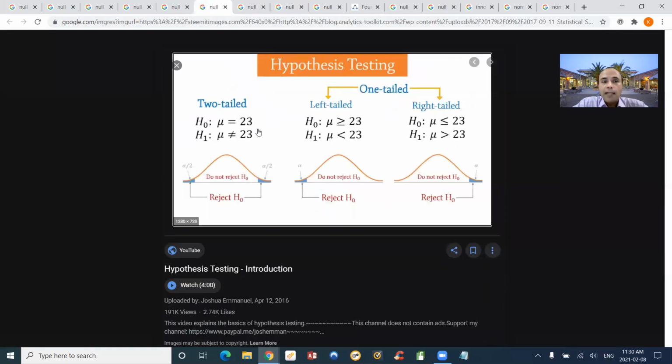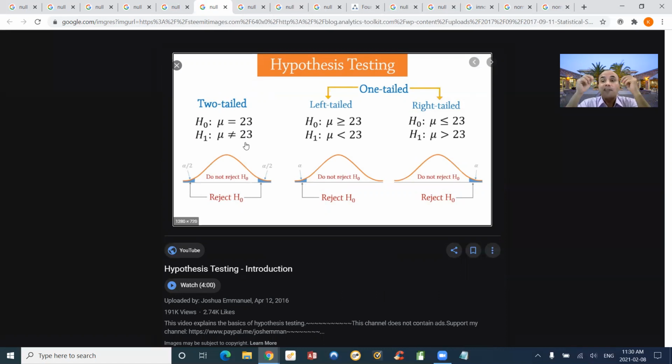So again, another example that is going to combine them together. Here is mu, the null hypothesis is 23 for some experiment, and HA, the alternative, is mu is not equal to 23. So when I say 18 years old and driving license, I mean, okay, 19 years old, 20 years old, do they have a driving license?